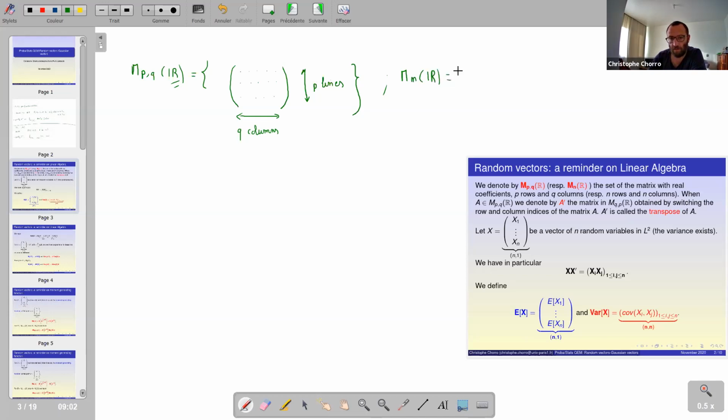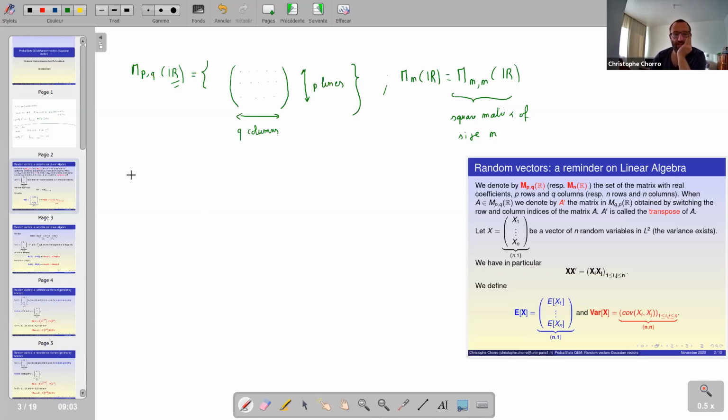In the same way, I can define M_n(R), when I have the same number of lines and columns. It's a square matrix of size n.